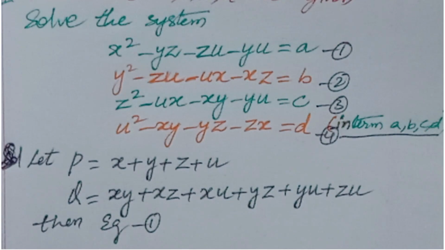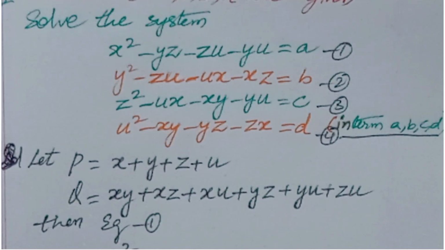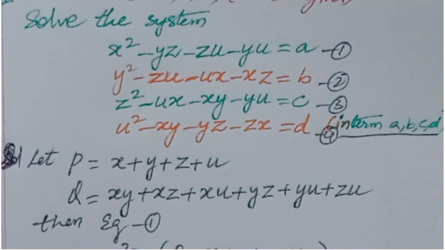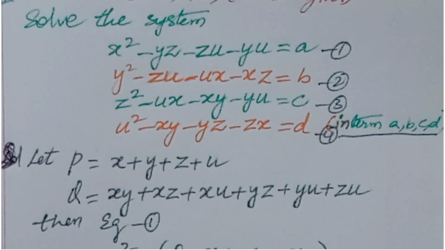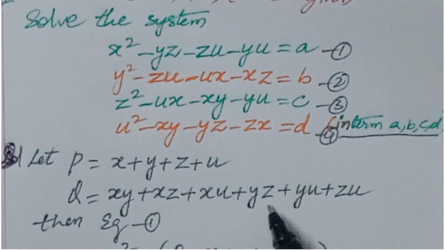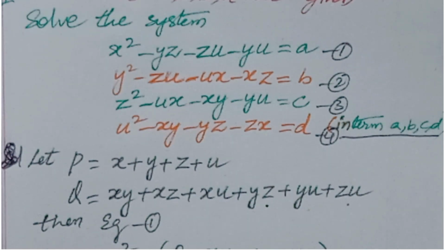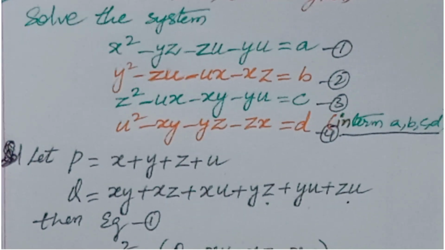Equation 1 will become x² − q − xy − xz − xu, because yz, zu and yu are already there, and the remaining three terms give this, equal to a.